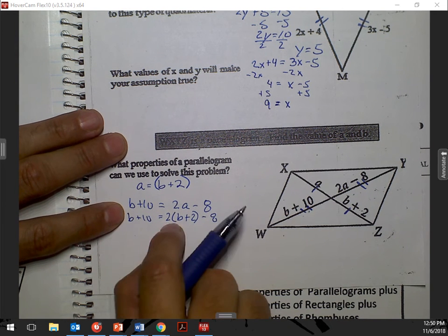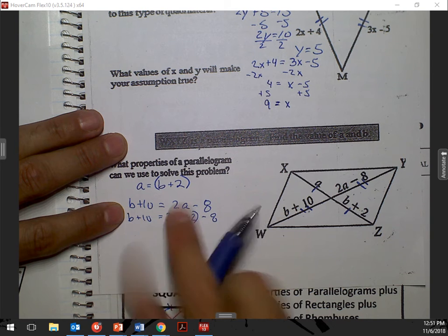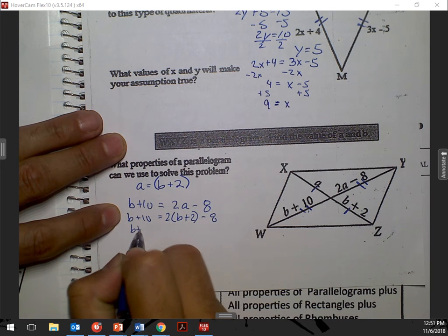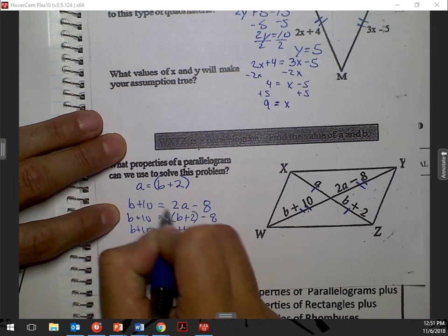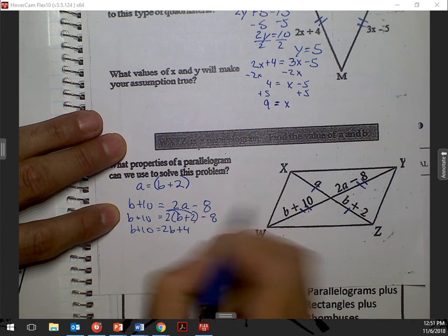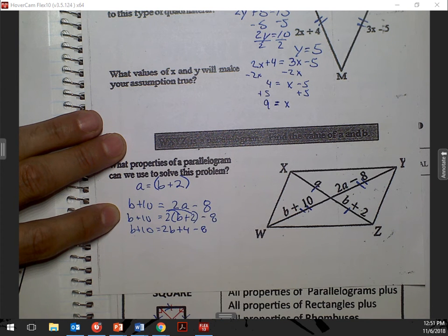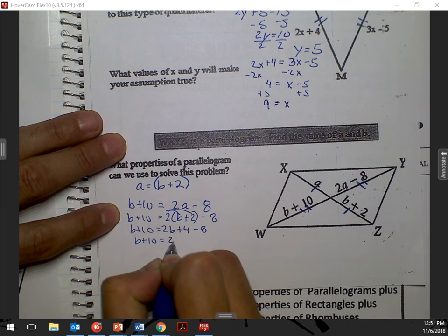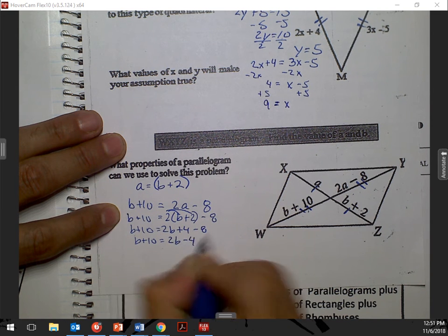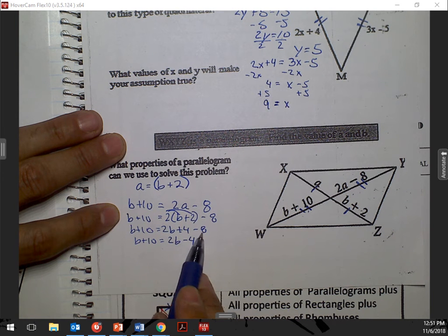Now from here, I have to distribute that 2. So it's going to be B plus 10 equals 2B plus 4, because I have to distribute to both, minus 8. Combine like terms. B plus 10 equals 2B minus 4, because positive 4 and a negative 8 gives me a negative 4.